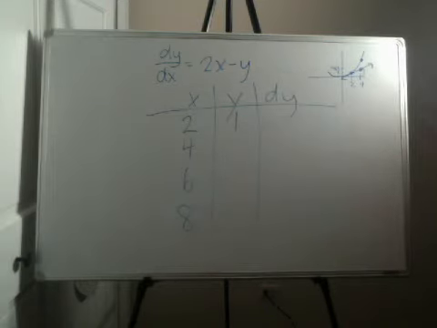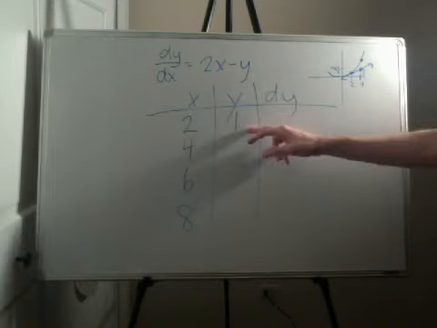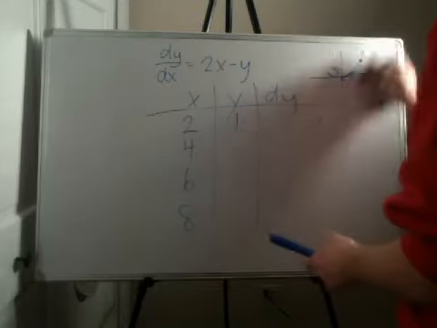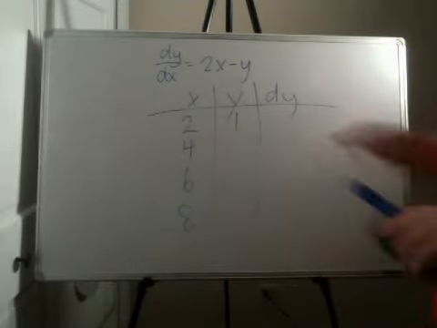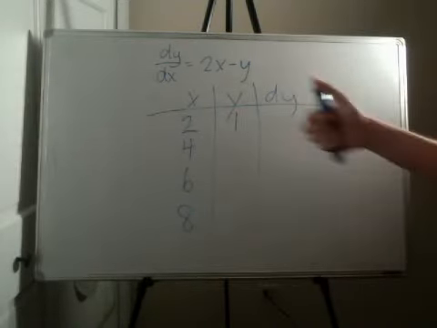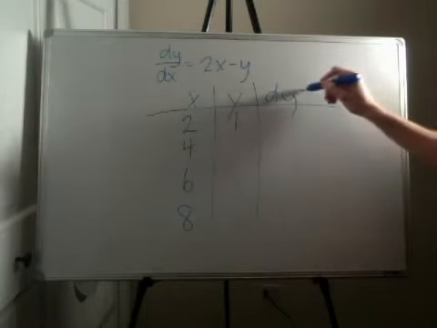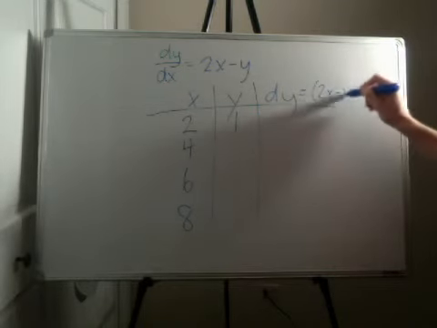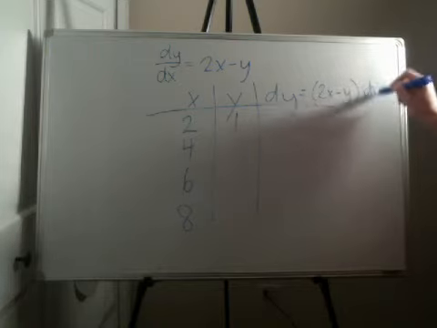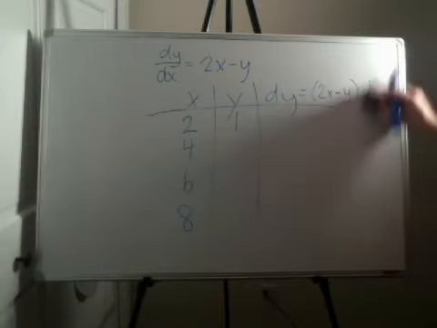So the point is, we need to find what the dy is and then add it to this y. Well, we know that dy equals all of this times dx. So it's going to equal (2x minus y) times dx. Now remember that dx and change in x are the same thing, so I'm just going to write delta x.